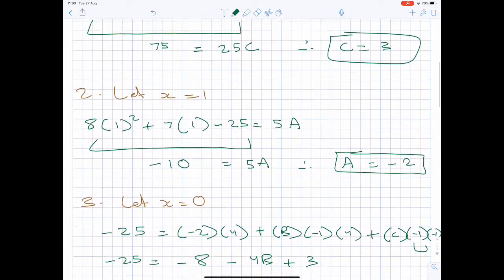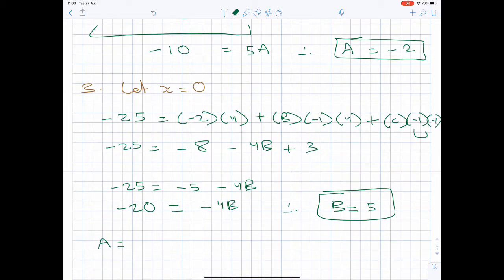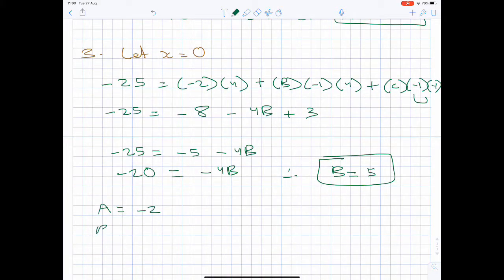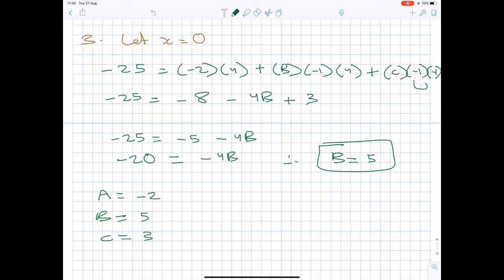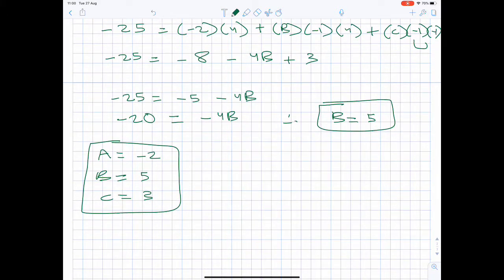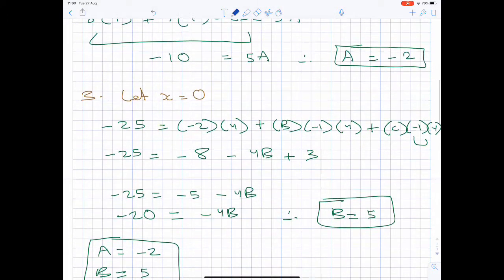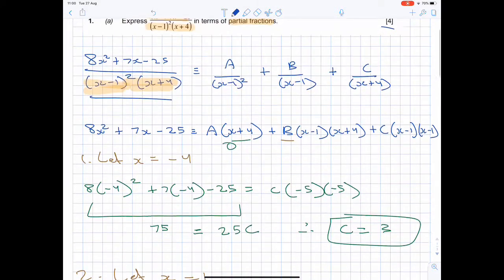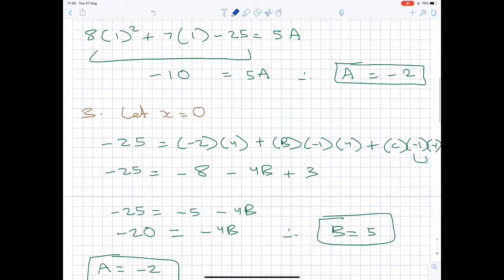So we found all 3 of our letters, and I'm just going to write this down again. A was minus 2, B was 5, and C was, I believe, 3, that is correct. And finally we can write our new expression down. If we go back up to our question, we're going to write this now in partial fraction form.